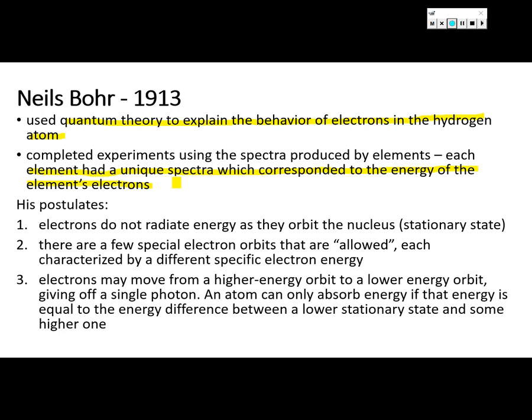So this unique amount of energy meant they didn't have to stop moving or crash into the nucleus. They existed in their very specific orbit. Electrons do not give off energy or radiate energy as they orbit the nucleus.